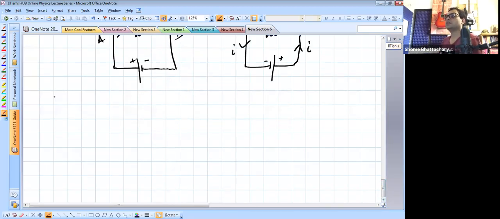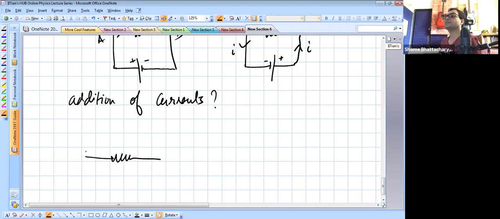So let us look at an example of addition of currents. Let's say we have a situation like this where we have connected a resistor like this. And let us say this is creating a current I1.